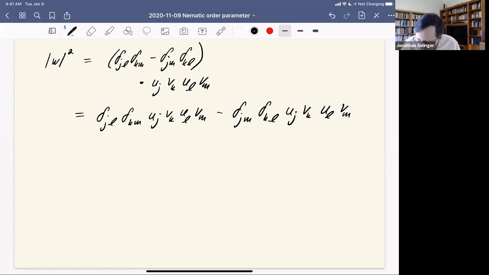Now, I can keep simplifying because whenever we have a delta contracted with something, that makes our lives very easy. For example, when we have a delta_km contracted with v_m, that makes a v_k. So there, I just did the sum over m. I'll do the sum over m in the second term. Delta_jm v_m makes a v_j.